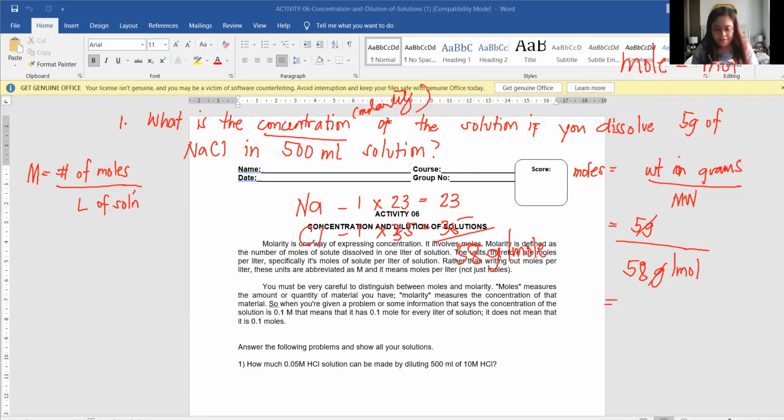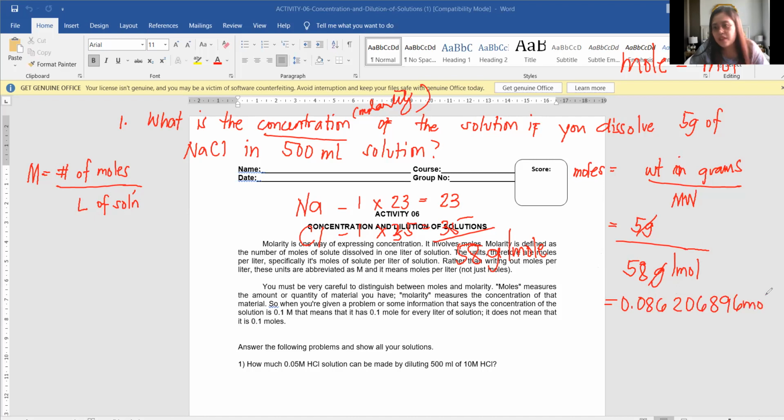Ayan, so 5 divided by 58 is 0. Let's copy everything first to make it more accurate. Mag-iiba kasi ang answer nyo kapag pinutol natin itong sagot na hindi pa siya final answer. So again, sa final answer na tayo, mag-round off. 0.086206896.